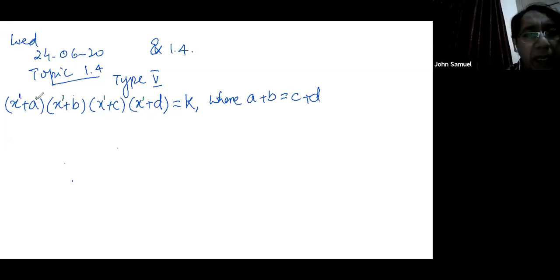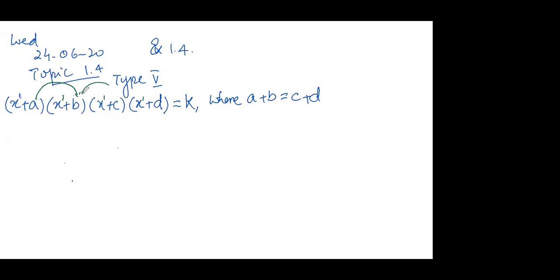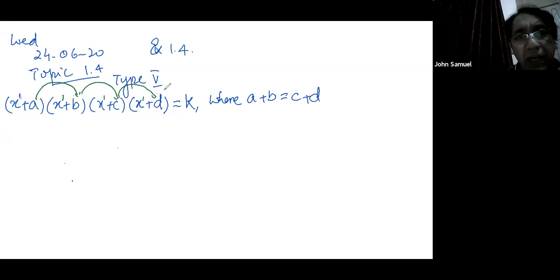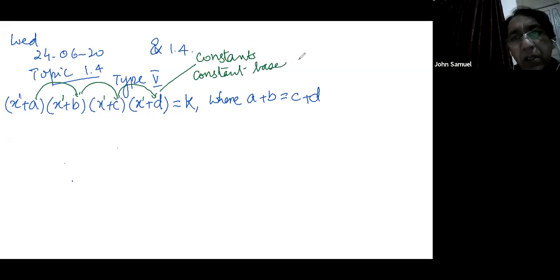Now what are a, b, c and d here? These are constants. These are constant based sums.